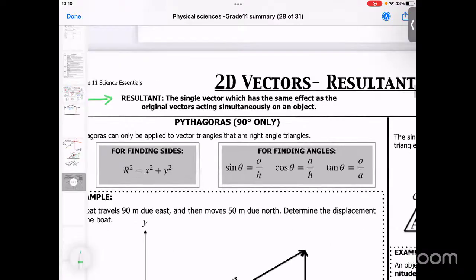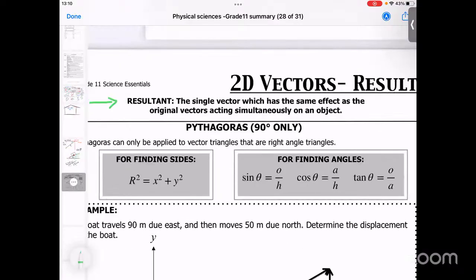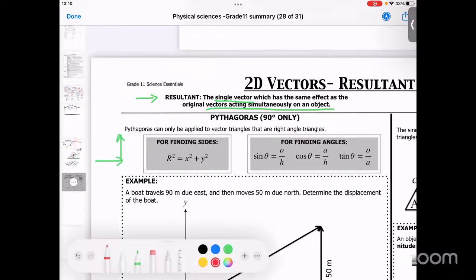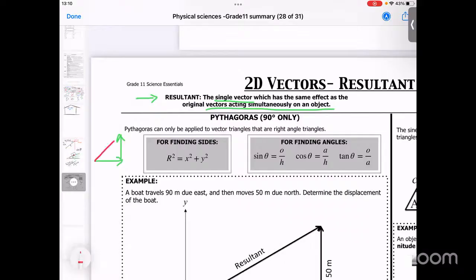What is the resultant? It is just a single vector which has the same effect as the original vectors acting simultaneously on an object. So it is that situation, if you remember, whereby you've got a boat going in that direction and then from there continues in that direction. So when one comes, it is still the same as it having moved from there to there.